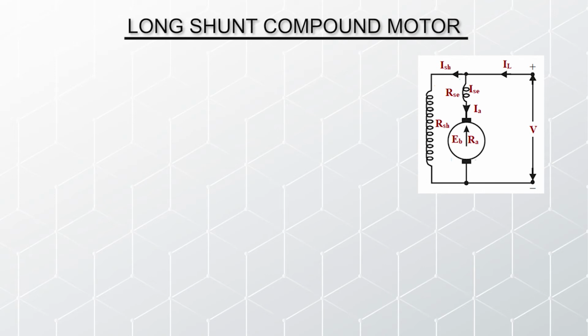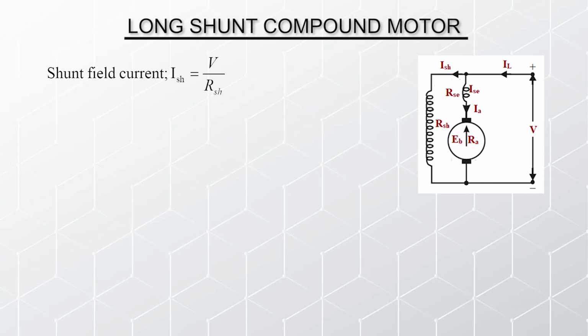Now if you want to calculate the value of the shunt field current, whatever voltage V is applied, it is applied across the shunt field winding. So the current flowing through this field winding is equal to what? The voltage applied across the shunt field, that is V, divided by the resistance of the shunt field winding, that is RSH. So you can write ISH is equal to V upon RSH.